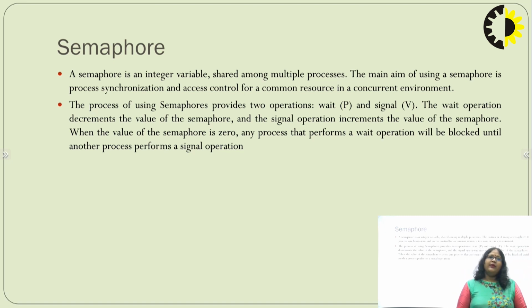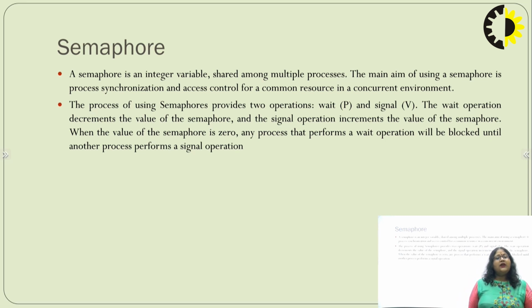Wait is used for decrement and signal is used for increment. When the value of the semaphore is 0, what does it mean? At that time, any process that performs a wait operation will be blocked, because the value is 0 and wait just decrements it.